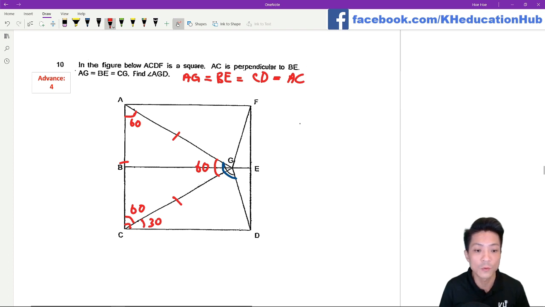The next thing that you need to realize is CG is equal to CD, which means that this triangle over here is an isosceles triangle.